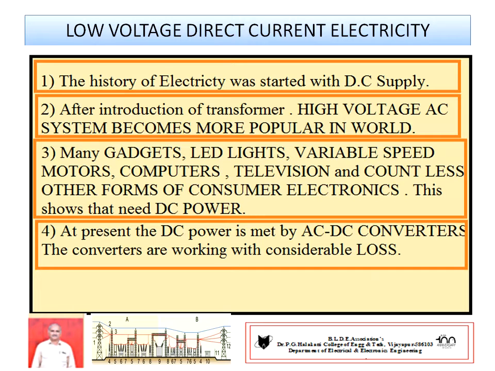It is already a well known fact that the history of electricity started with the birth of DC supply and DC transmission and distribution systems very early. After that, when the transformer was found, after the introduction of the transformer, the transmission, distribution and utilization of AC power became popular in India as well as all over the world.